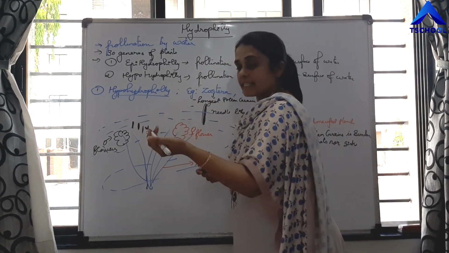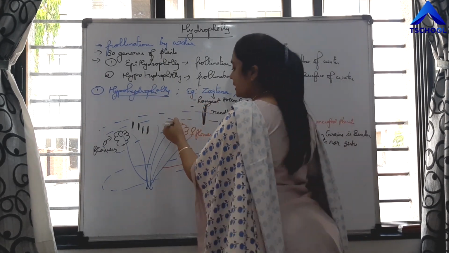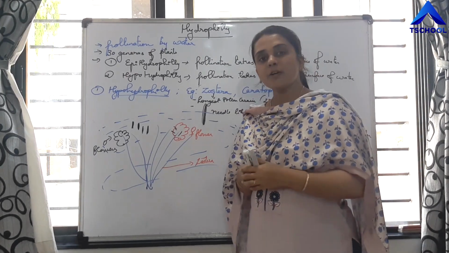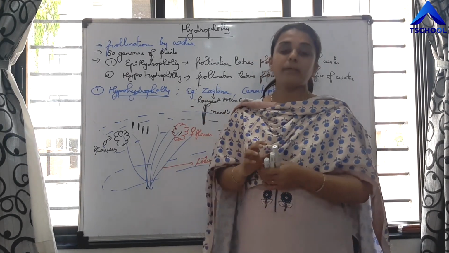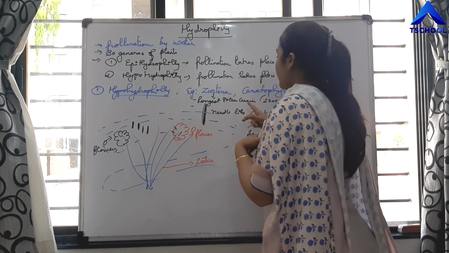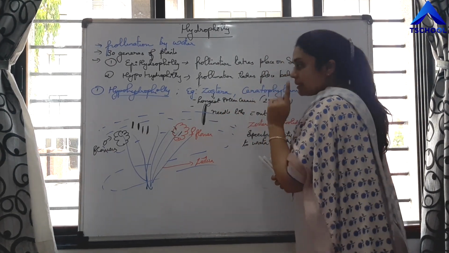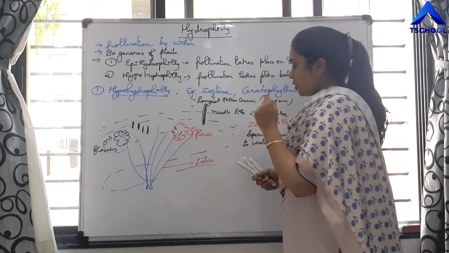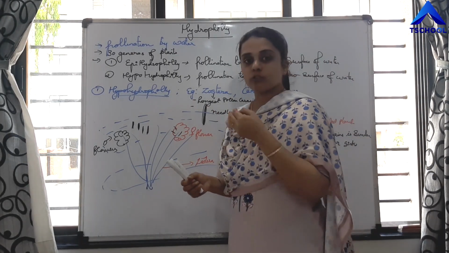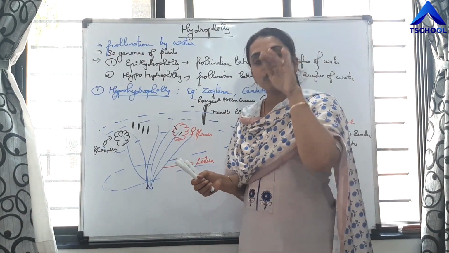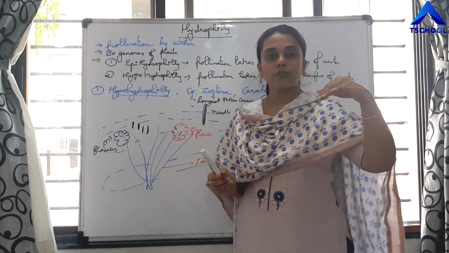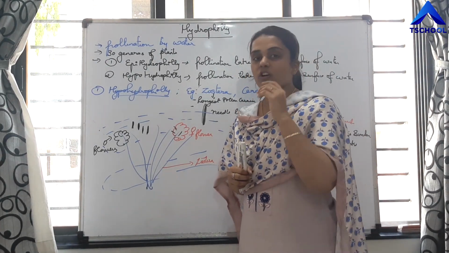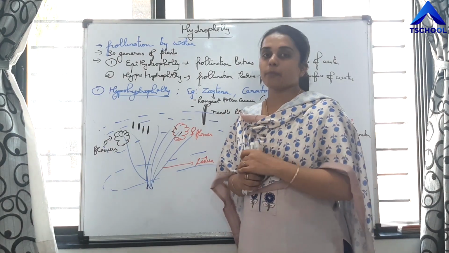So these pollen grains, with the help of water currents, reach the female flowers, stick on the stigma of the female flowers, and thereby pollination occurs.